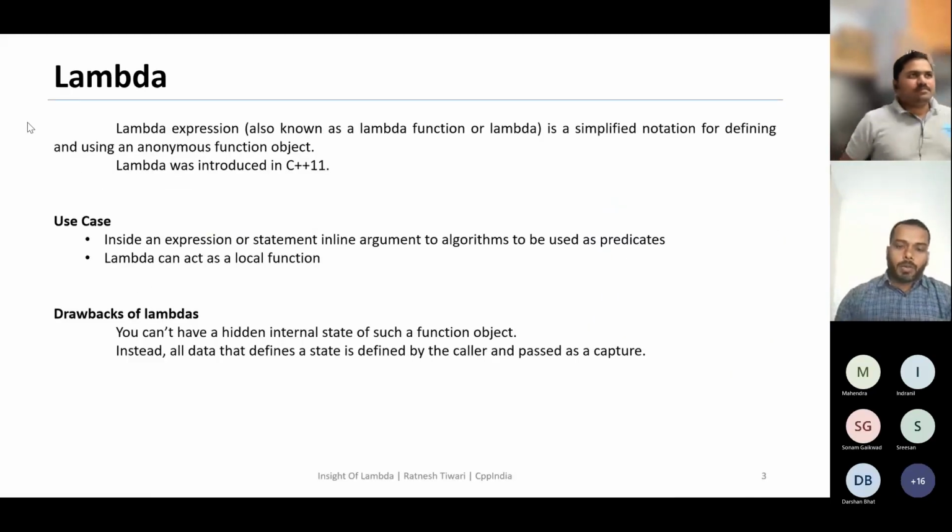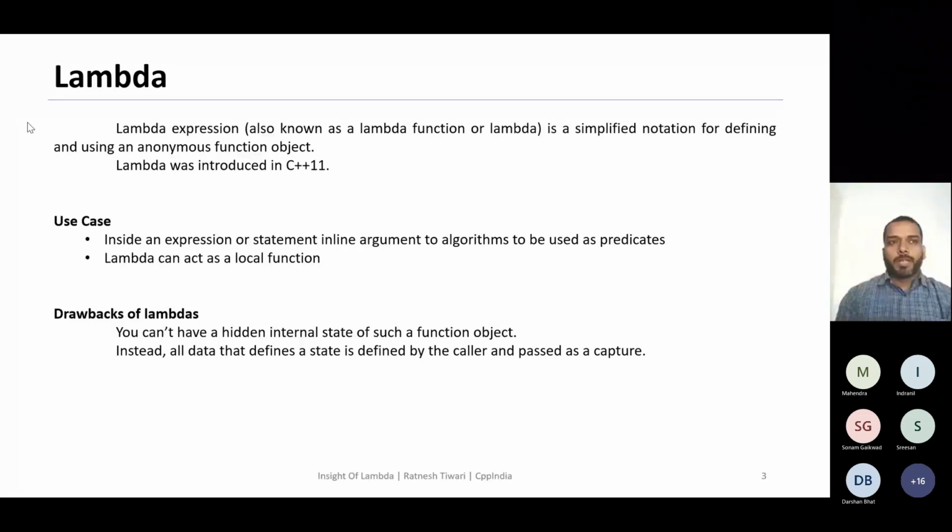So the lambda originates from the lambda calculus, and it was in 1930 that it started. What is lambda calculus? It originated from anonymous functions. Anonymous functions are used to perform some operations without giving the function any name. Most programming languages implement anonymous functions with the name lambda.